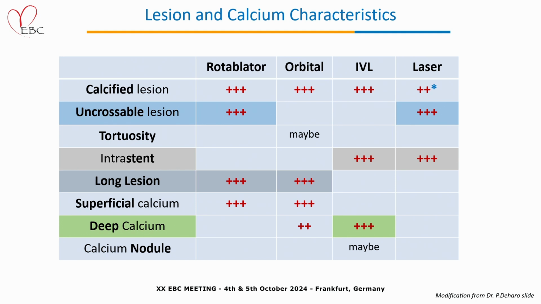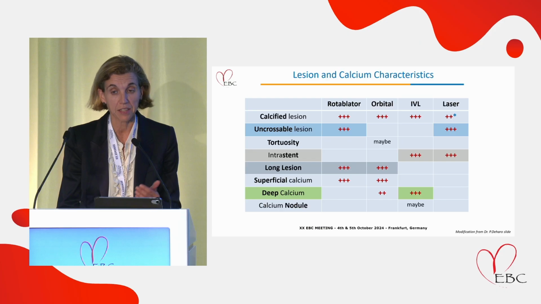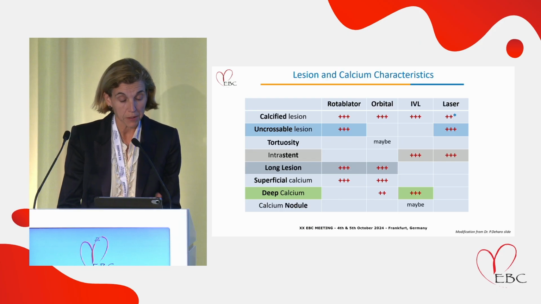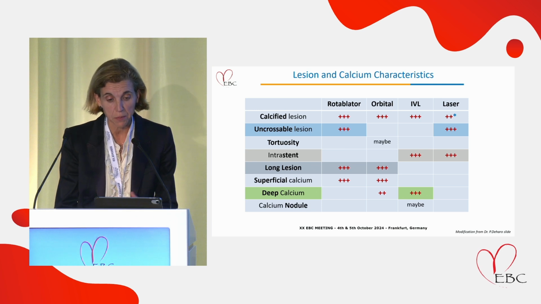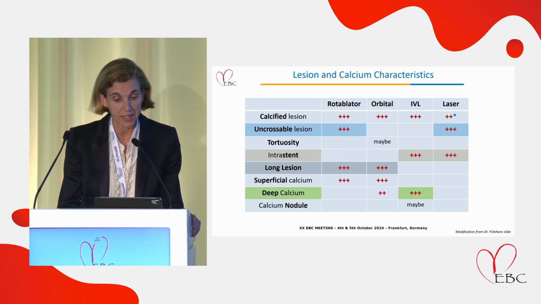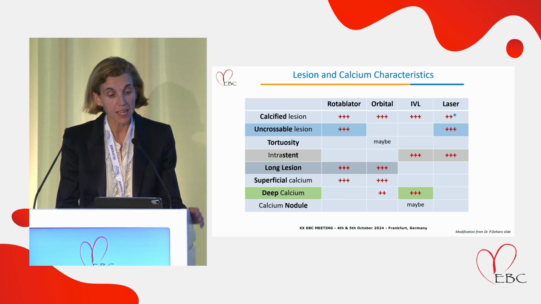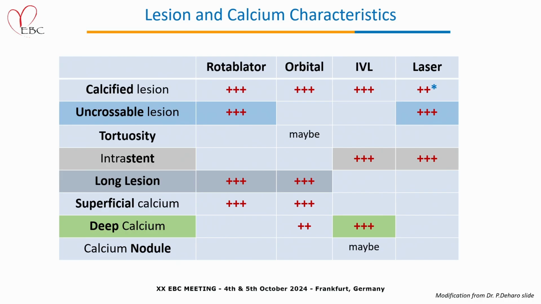Now we know that for in-stent stenosis and underexpansion, IVL seems really effective. Laser also, we have some studies saying it's quite effective. In long diffuse disease, rotablation is useful. We know this because we have a lot of experience, and orbital atherectomy in the USA also has a large experience.